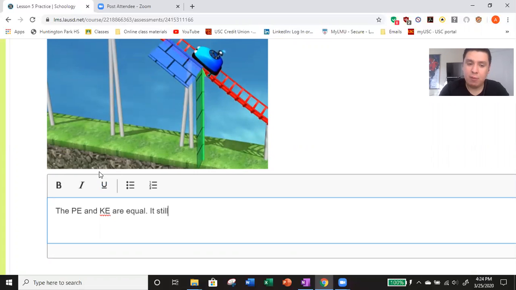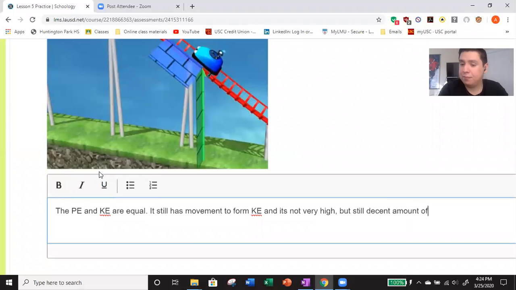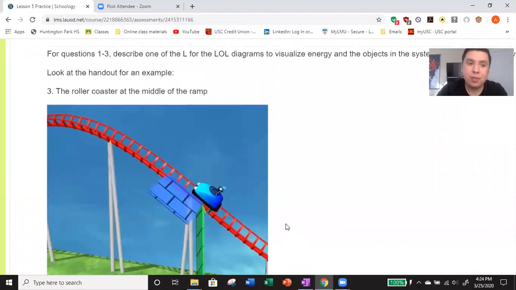It still has movement to form kinetic energy, and it's not very high up, but not very low either, so it still has a decent amount of potential energy. So that's what we do for 1 to 3.